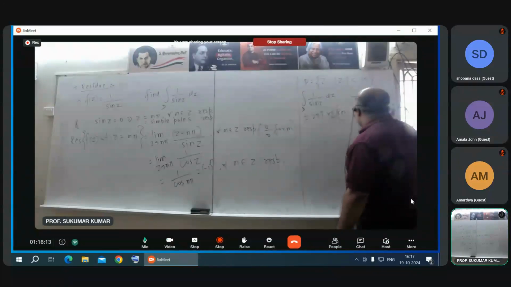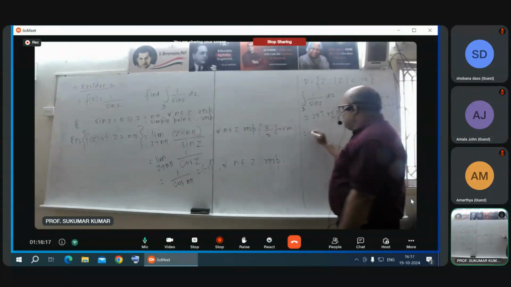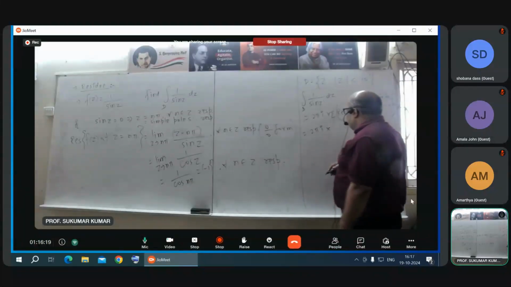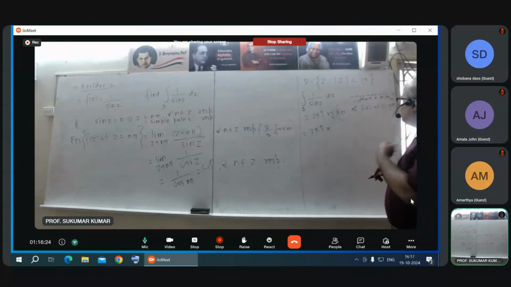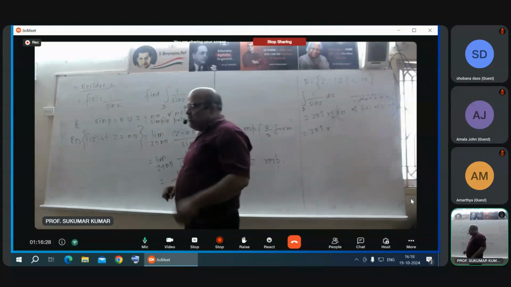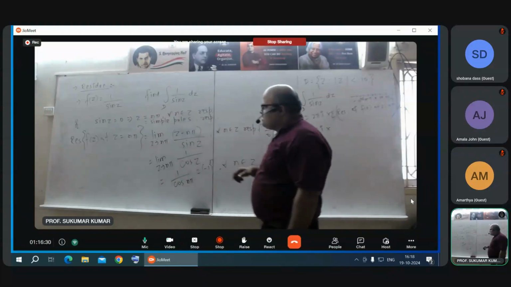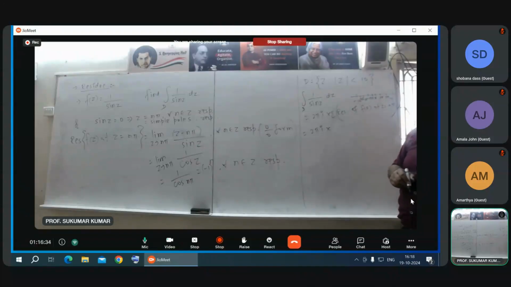Just we have to add all n pi: pi, 2 pi, 3 pi, minus pi, minus 2 pi, minus 3 pi. Tell me, here after 0, why do we have to count 0? Our singular point is n pi, no? Oh, n equal to 0 also have, no? Correct, 0 also we can count. I was only thinking of pi. Then total 7 points are coming: 3, 3, 6, 7 points.